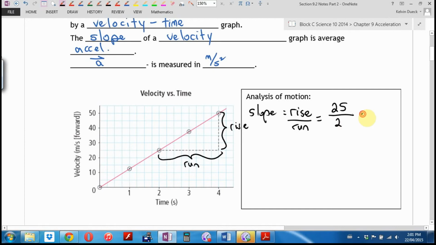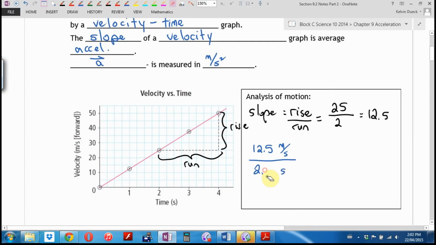Or as a decimal, in your head, what is 25 divided by 2? 12.5. 12.5 what? Well, it's actually 12.5 meters per second because the rise is from the y-axis, and you'll notice the units on the y-axis are meters per second, over 2.5 seconds, because on the x-axis, 2.5.